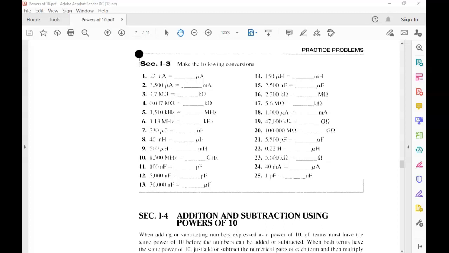Now, I'm not so much worried about whether it's amps or ohms or hertz or whatever. What is the main symbol I'm going to be worried about for each one of these? The main symbols I'm going to be worried about are things like milli to micro or mega and kilo. Those are the letters I'm worried about here.